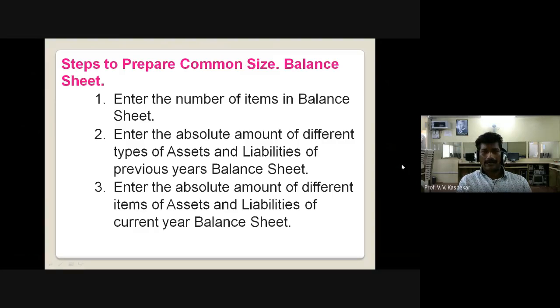Step number one, enter the number of items in balance sheet. Number two, enter the absolute amount of different types of assets and liabilities of previous year's balance sheet. Then enter the absolute amount of different items of assets and liabilities of current year balance sheet.